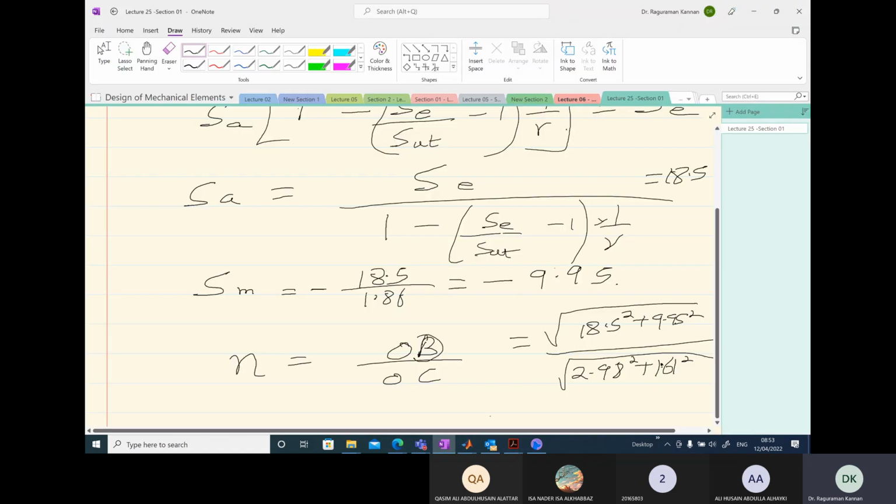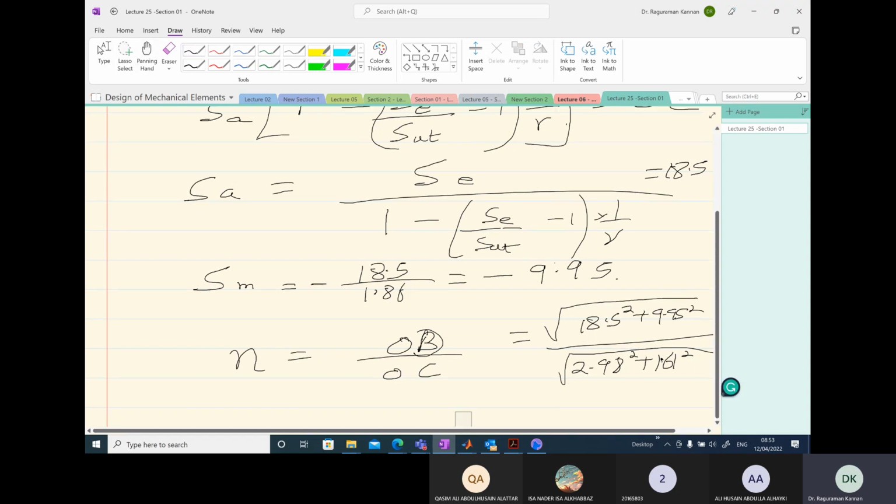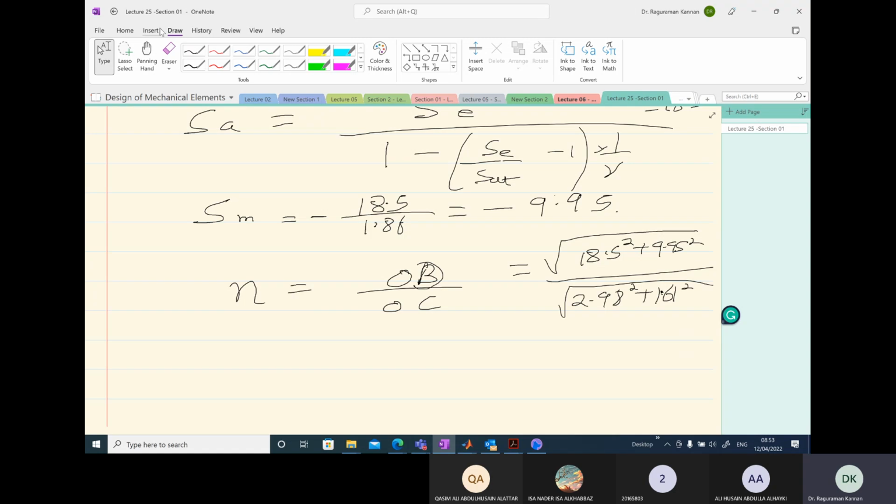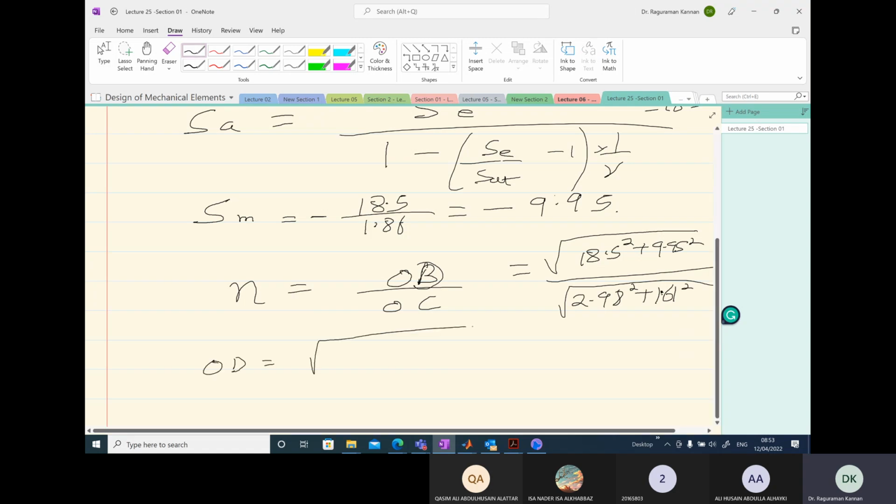We can also derive that separately. If you want to see the length OD, it will be written in terms of SA square with SM value. SM can be written as SA over R. We can take the SA value commonly out.